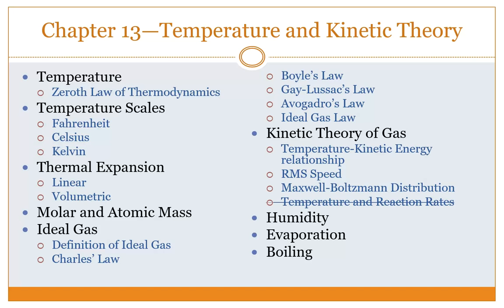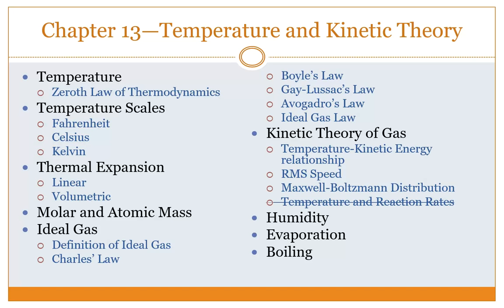Thermal expansion. For most materials, you put in heat, the temperature rises, and what happens to the volume? It expands. If I have a hole in a piece of metal, and I heat up that metal, what happens to the hole? The hole gets bigger. Yes, that's right.